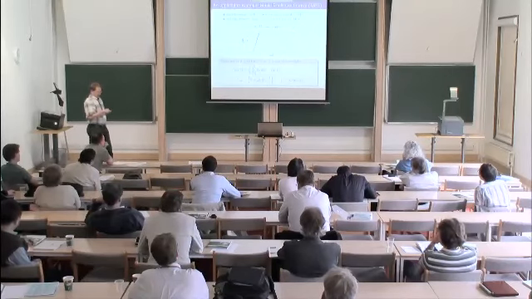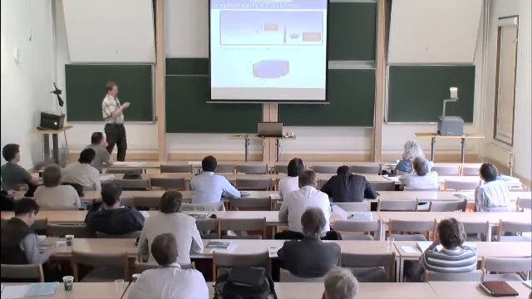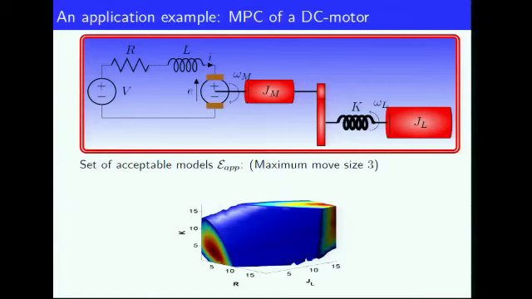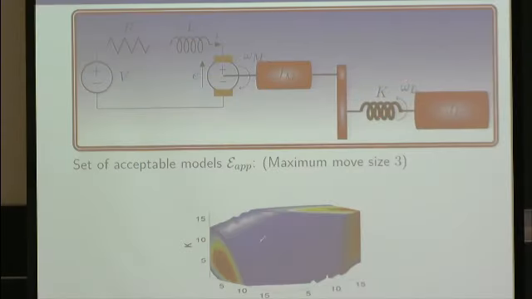Okay. So here is an example with this motor, of how this set can look. Now I have many parameters and I can only plot in 3 dimensions, so I just plotted the elasticity, the resistance, and the moment of inertia of the load, and then I get a set like this. So any model parameter in this set will give me an acceptable performance.